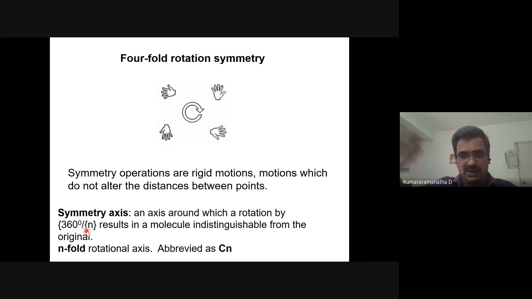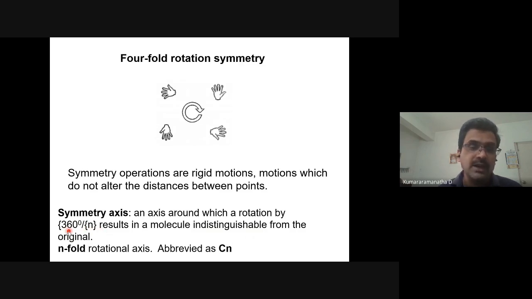Whatever object you take, like a pen or whatever you want, if you do a 360-degree rotation, it comes back to the original shape. You are all aware of that. But if you do a 180-degree rotation, it will become inverted. So a symmetric axis is how you rotate an object into a form indistinguishable from the original, essentially 360 by n.